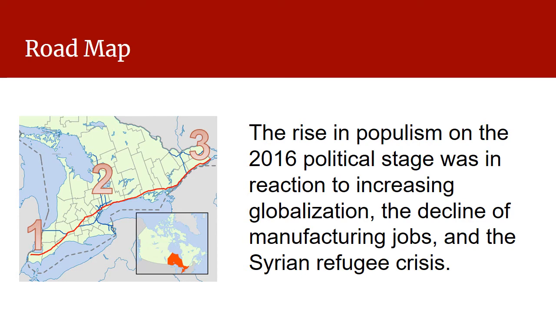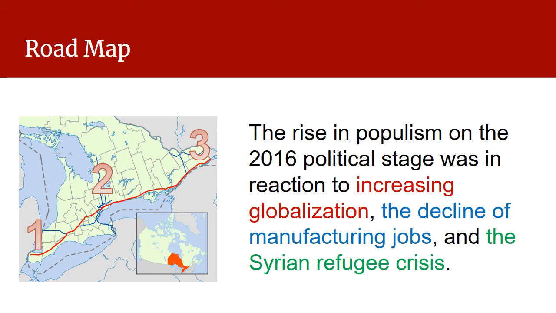It says here, the rise of populism in the 2016 political stage was in reaction to increasing globalization, the decline of manufacturing jobs, and the Syrian refugee crisis. The writer of this thesis statement has given a roadmap to the reader so the reader knows what to expect as they read the paper.